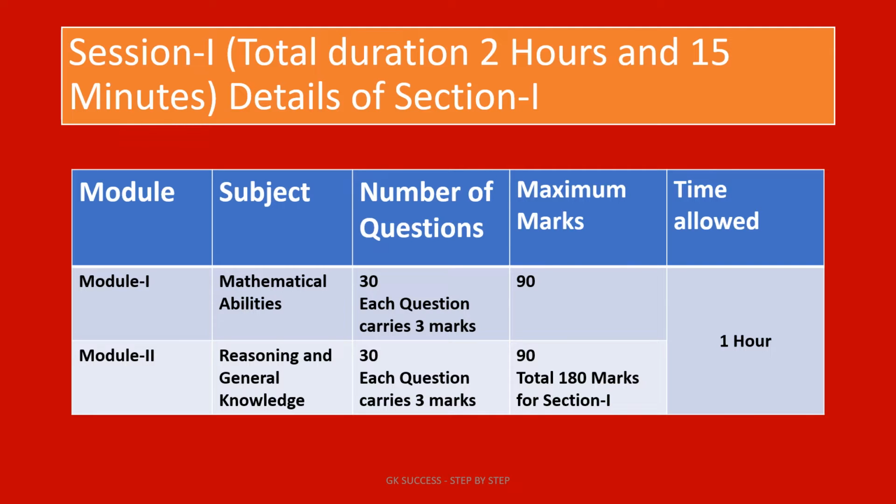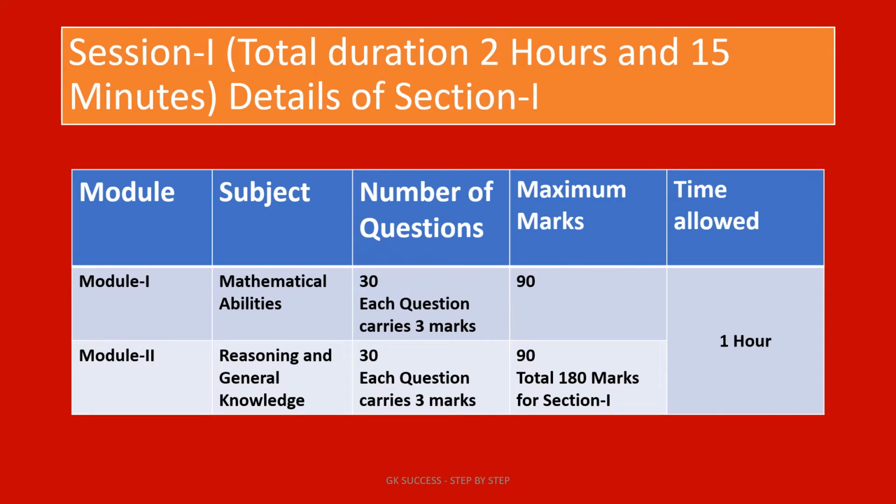Friends, the total duration for session 1 is 2 hours and 15 minutes. Here, the details of section 1 are given: the module, subject, number of questions, maximum marks and time allowed. Module 1, the subject is mathematical abilities. It will contain 30 questions.